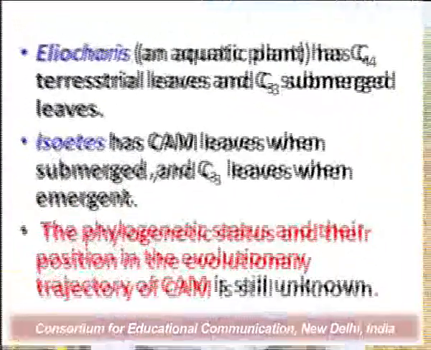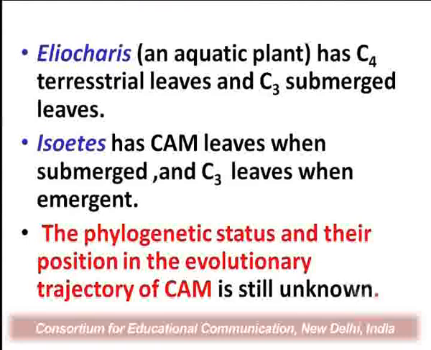Likewise, Eleocharis is an aquatic plant which has different types of metabolism in the same plant at the same time. It has terrestrial leaves which are C4 and submerged leaves which are C3.